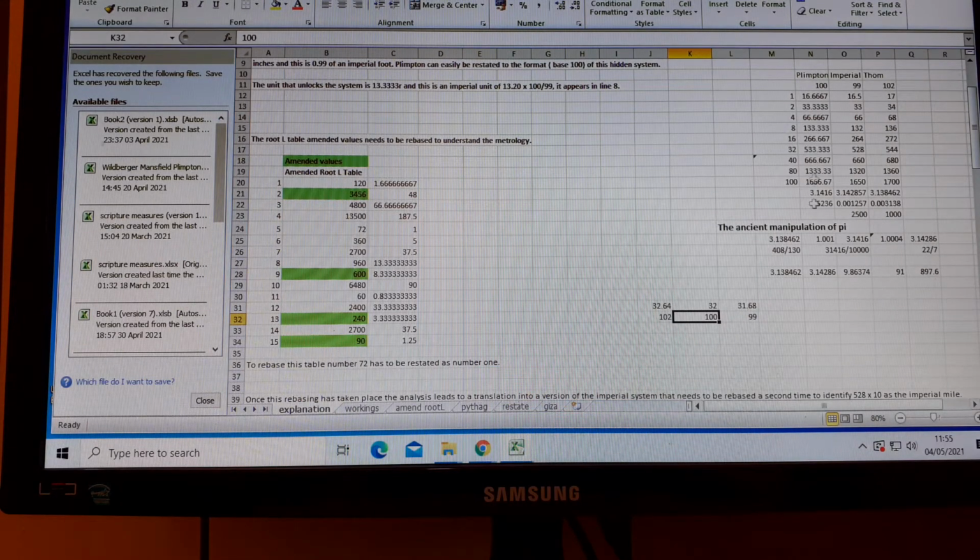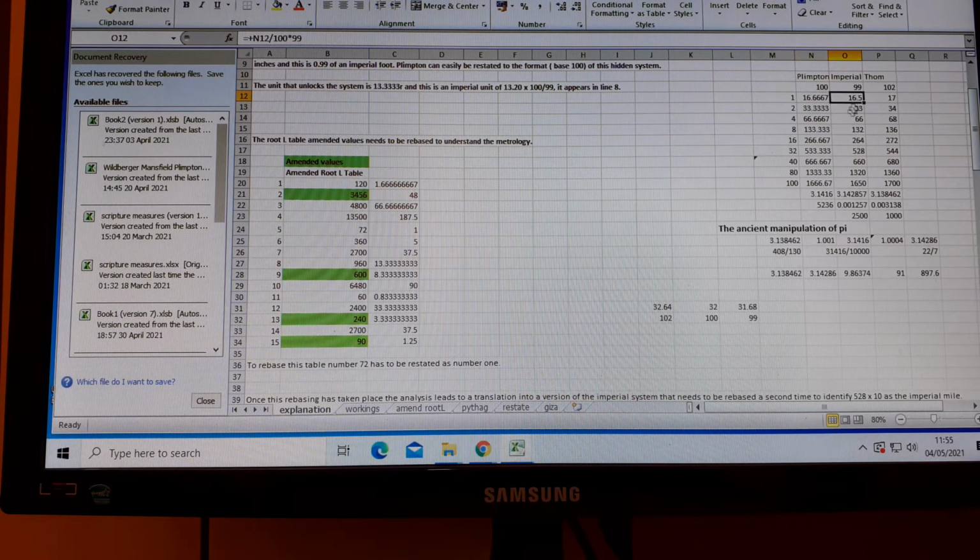Now, I wanted to state these Plimpton values that I've got here. I wanted to restate them against this base unit that I'm working with here of 1.66, but I've changed it to 16.66. That's the base unit, and that's base 100.